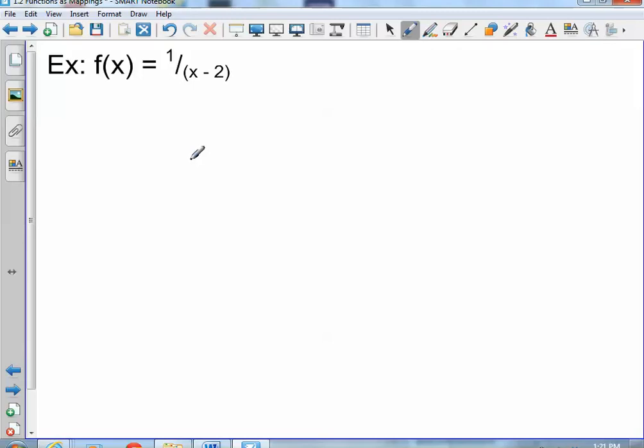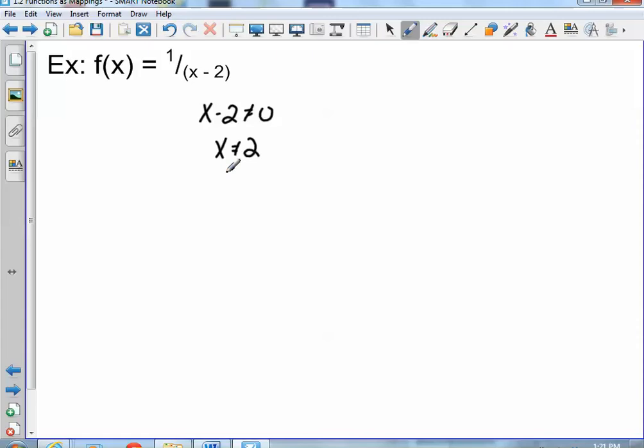Our function is 1 over x minus 2. So I have a fraction. What do I have to worry about? Right. So I know that x minus 2 can't be 0, which means x cannot be 2. We agree with that? Now we need to write this using our set builder notation because we're practicing that as well.